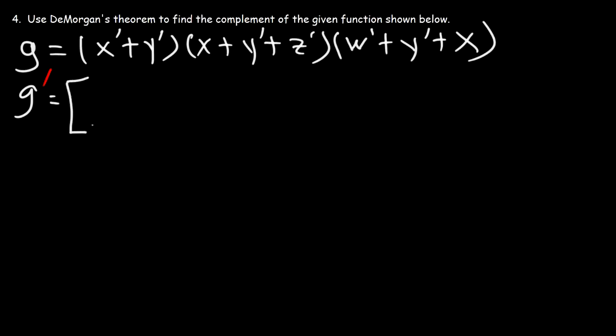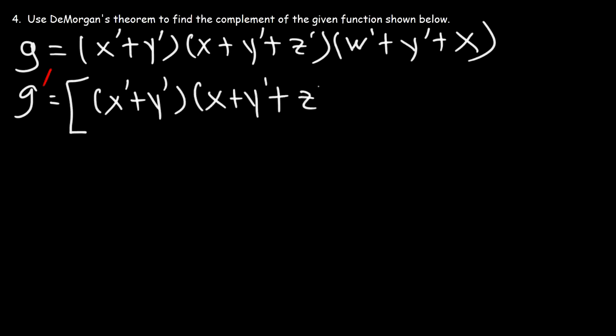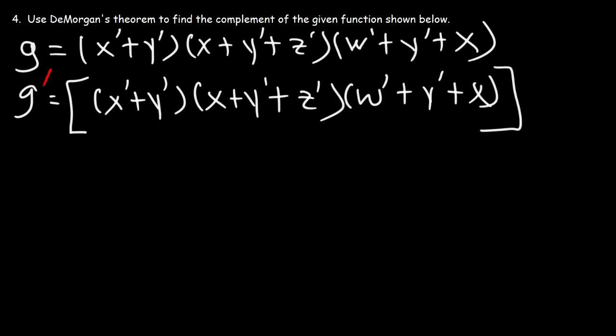So let's begin by rewriting this function. And let's take the complement of it. So the type of function that we have right now, would you say this is a sum of products or a product of sums?